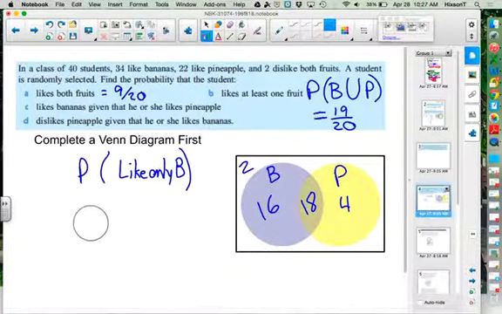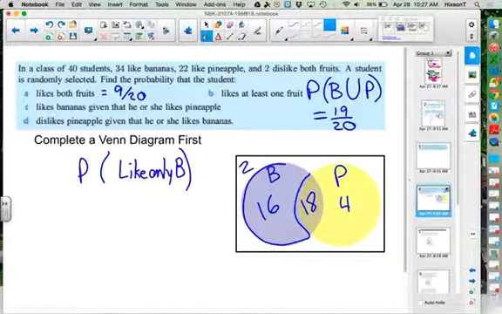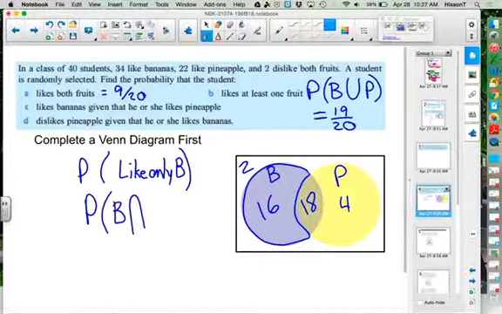The people who only like B, obviously in the Venn diagram, you can see it right there. It's 16 out of 40. But the notation for that, we actually would want to intersect the people who like B with the people who do not like pineapples.